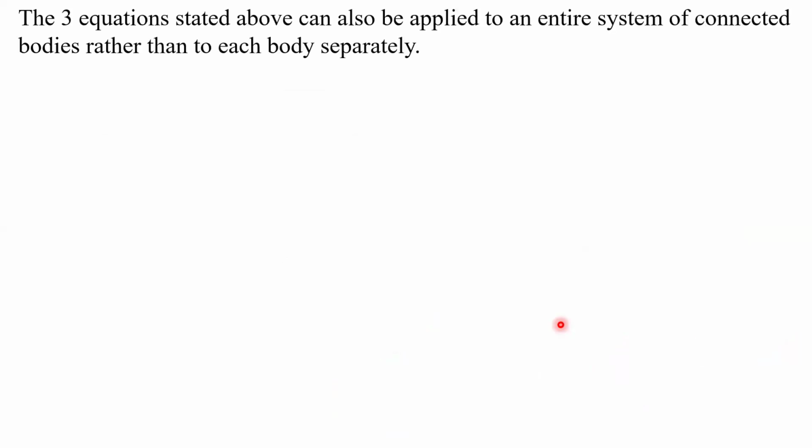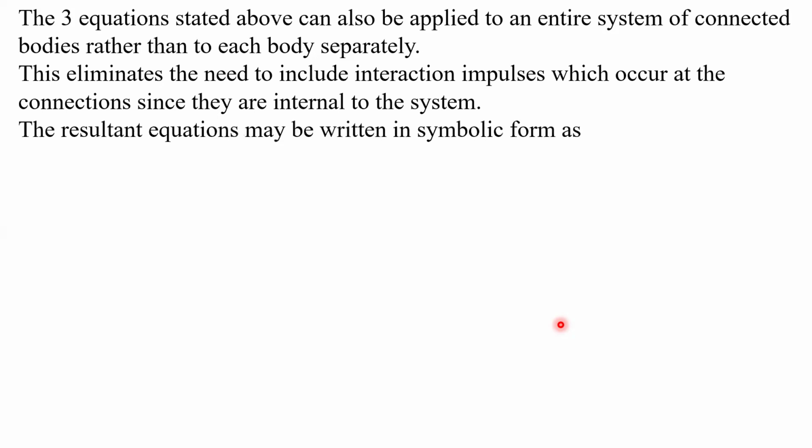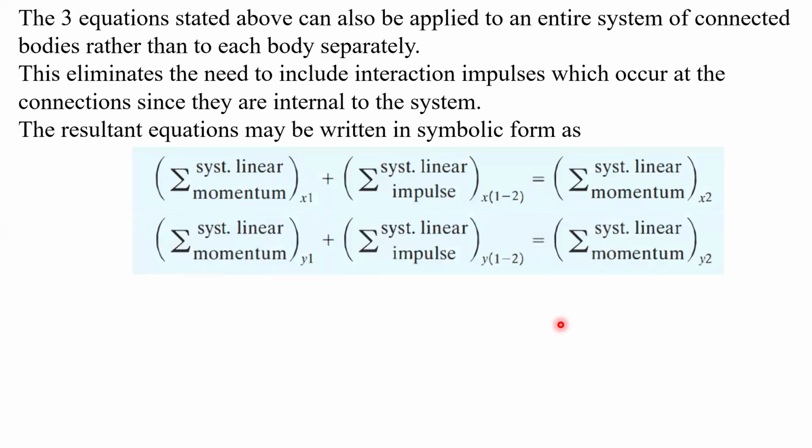The three equations stated above can also be applied to an entire system of connected bodies rather than to each body separately. This eliminates the need to include interaction impulses, which occur at the connections, since they are internal to the system. The resultant equations may be written in symbolic form as follows.